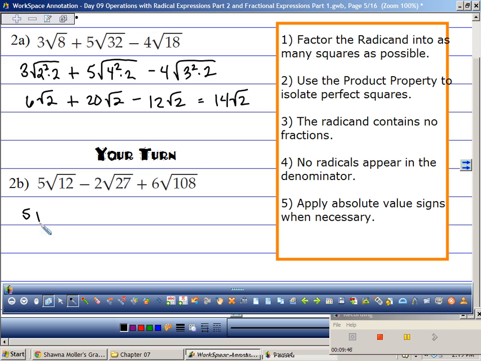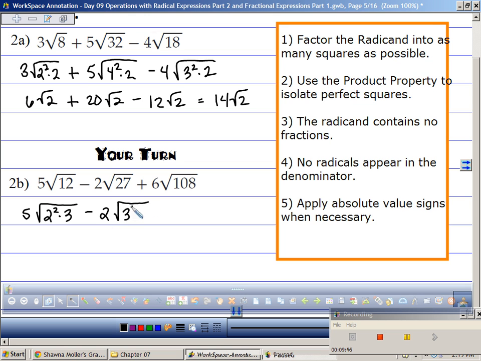So this is 5 times 2 squared times 3 minus 2 times 3 squared times 3, 9 times 3 is 27, plus 6 times, I would do 9 times 12, which is 3 squared times 2 squared times 3, correct?